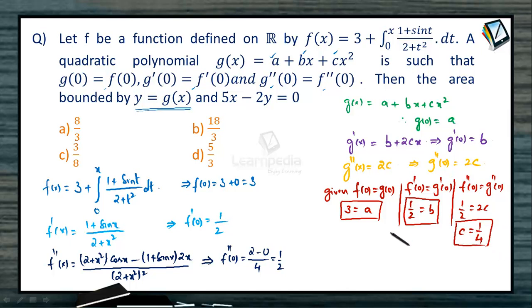Now that we have all the three values of a, b, c, can we identify the function g of x? Yes. How is g of x now? G of x is a plus bx plus cx square, that is 3 plus half x plus 1 by 4 x square. This is a parabola, open upwards, right? Once we have g of x, finding the area is very simple.